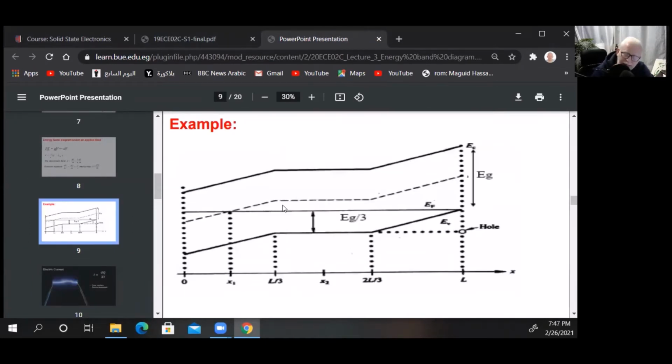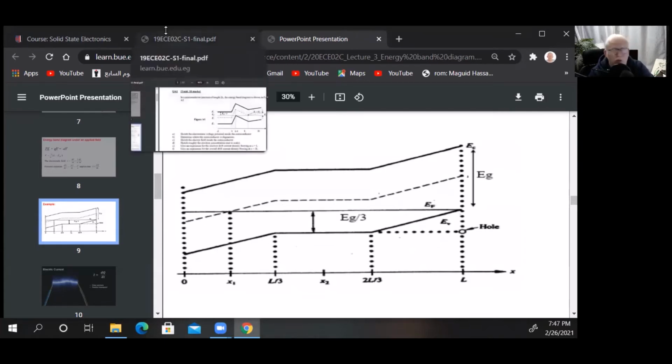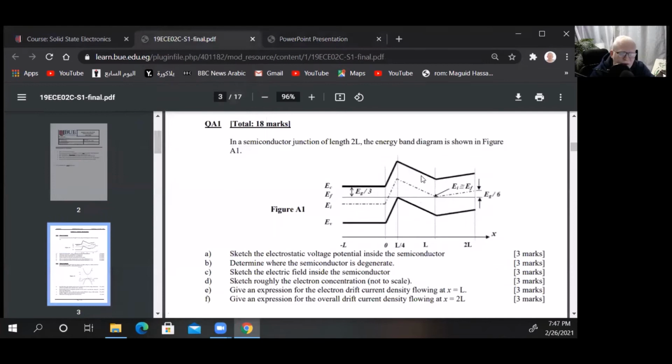And I told you to please expect to see this energy bandogram. Of course, I don't mean this specific energy bandogram. I mean this kind of problem with an energy bandogram in your in-class test and in your final exam. And to prove it, this is the final exam for the previous year, and you can see this is an energy bandogram.